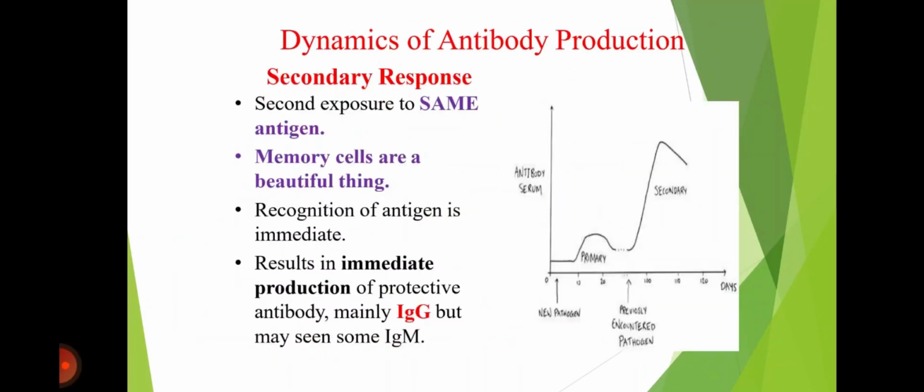Now the secondary response: second exposure to the same antigen. Memory cells are a beautiful thing. Recognition of antigen is immediate. It results in immediate production of protective antibody, mainly IgG, but IgM may be seen in some.